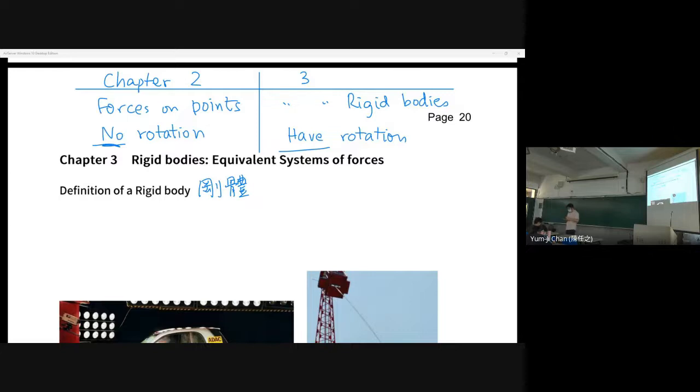So now, what is a rigid body? If you don't want to write it down, it is on page 84 of the textbook, paragraph 2.